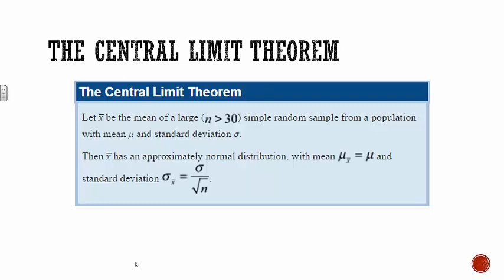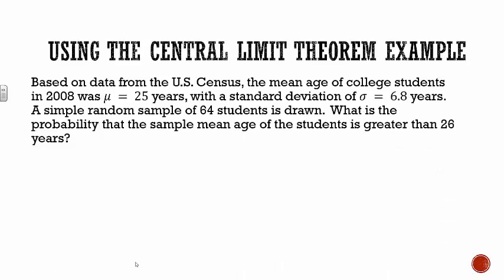Well, if we can approximate the distribution to be normal, then we can use stuff like normal CDF or the standard normal table, table A, to calculate probabilities. So your ultimate goal is that you want to make sure that the sample is greater than 30. You want to make sure that it's normally distributed so that you can actually calculate the probabilities and find useful information.